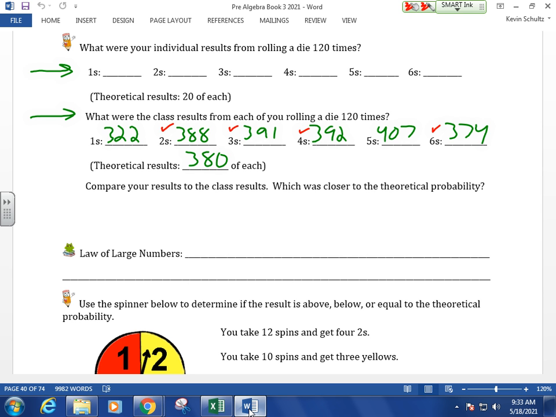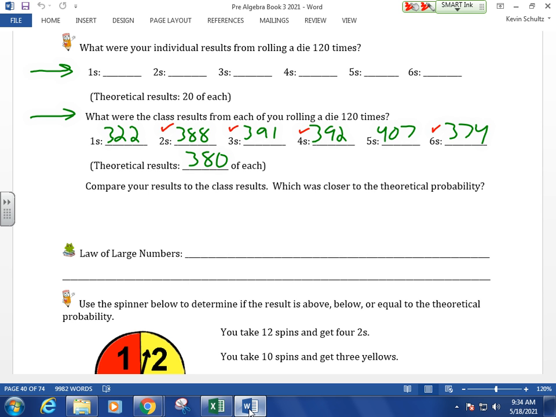Compare your results to the class results. Which was closer to the theoretical probability? So go take a look at yours. How many of your individual results were exactly 20 or as close to 20 as we kind of had here? Those of you that got 4 20s, your results were closer than the class results, right?